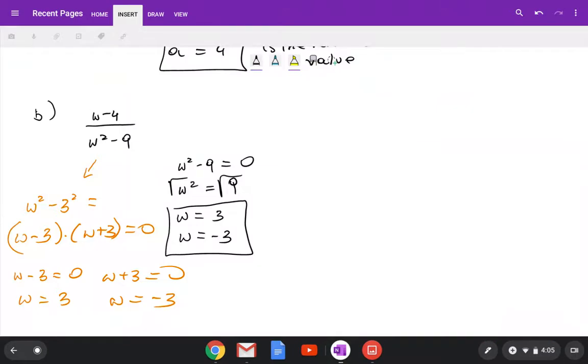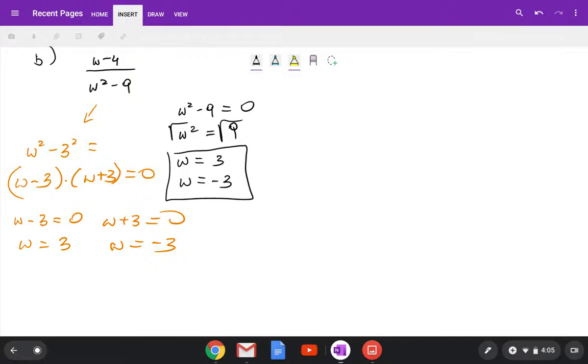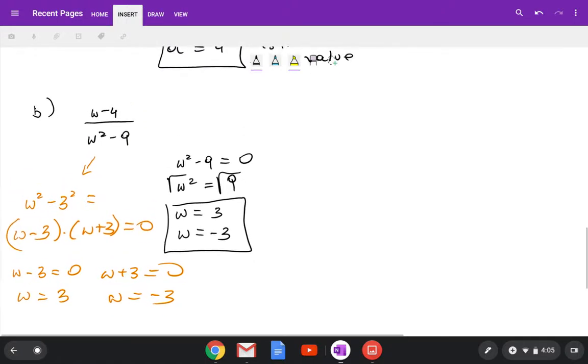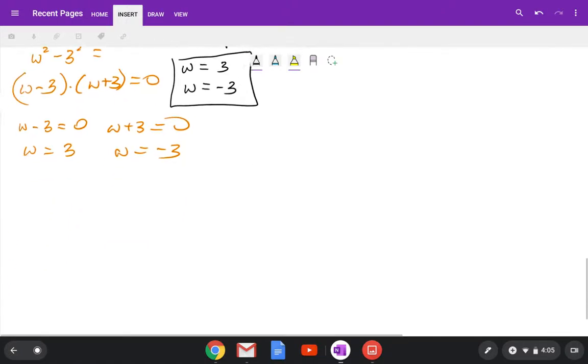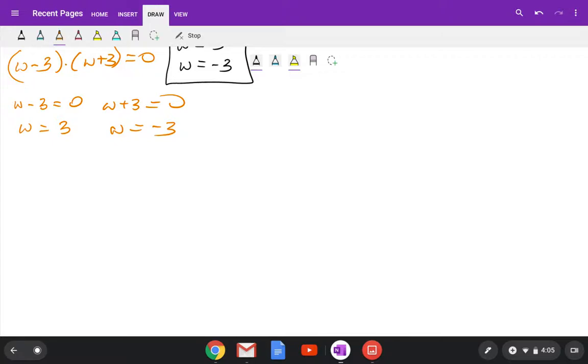Okay, and I just want to do one more example because this example is a little different. So we have to find the restricted value, and we have 8 over z to the power of 4 plus 1.